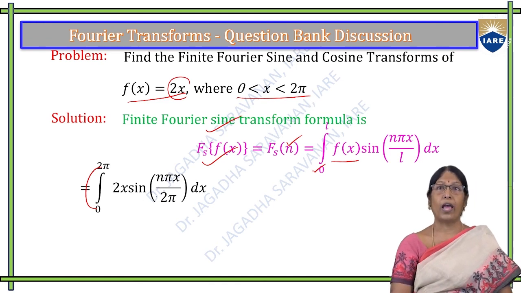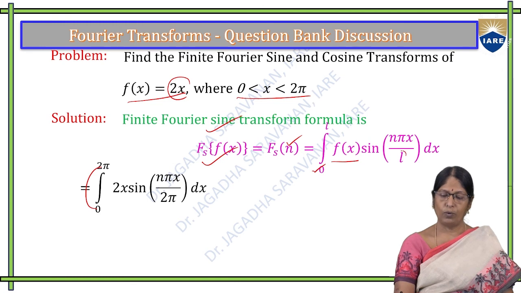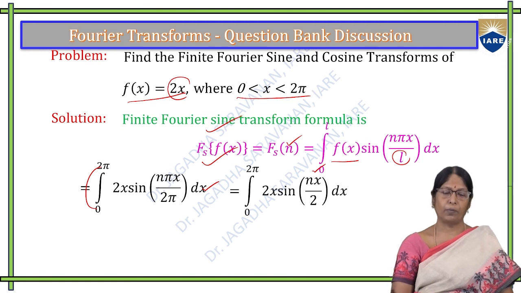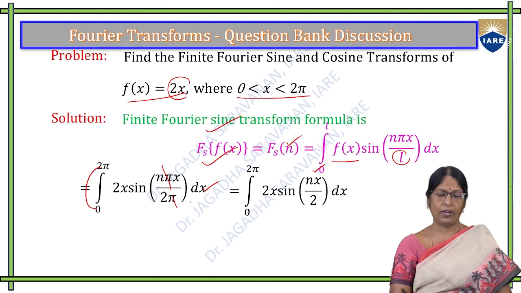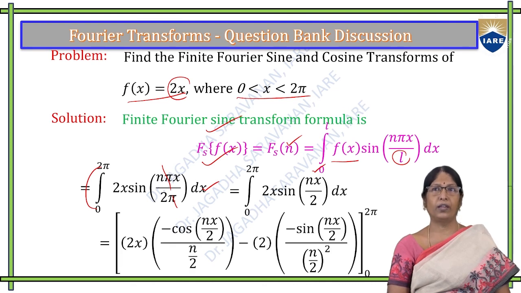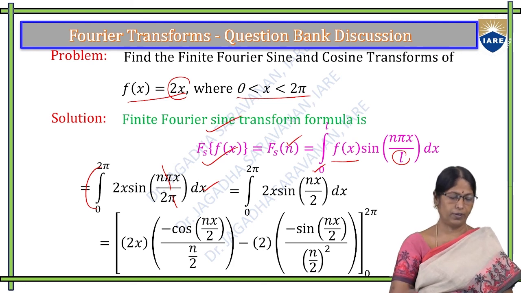Sine of n pi x by L is replaced with 2 pi. So here the pi terms get cancelled. We obtained integral 0 to 2 pi 2x sine of nx by 2 dx. This integration is a very interesting one, the way we can do it.